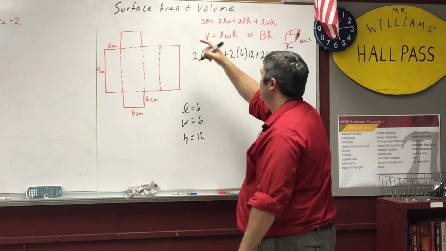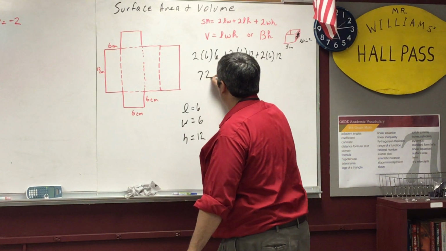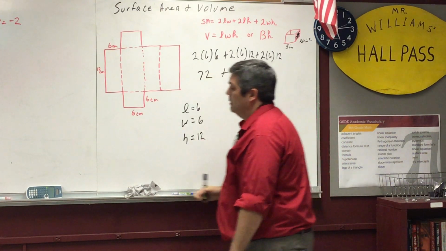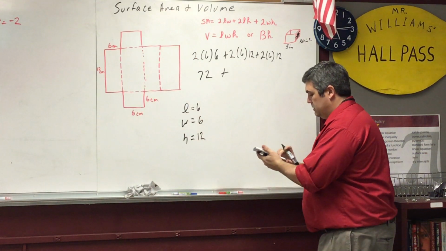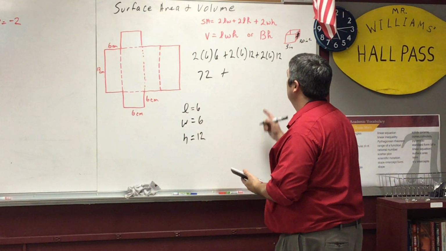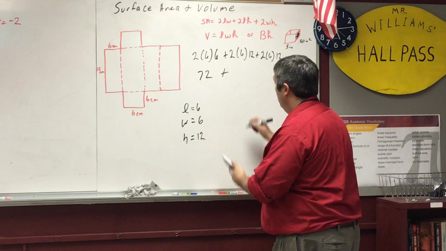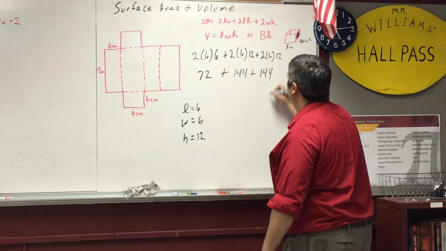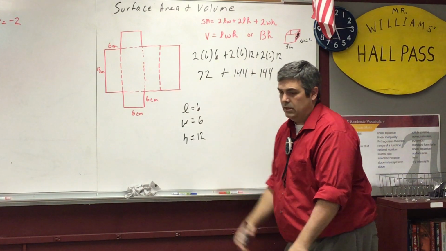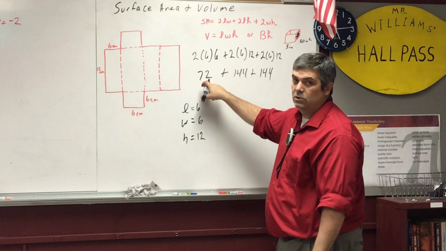So 6 times 6 is 36, times 2 is 72, plus 12 times 6 is 72, times 2 is 144. So 144 plus 144. Now I'm just going to add those 3 together: 144 plus 144 plus 72.